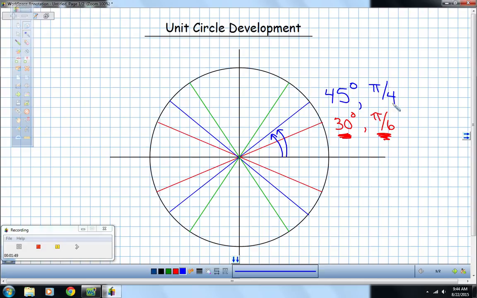Busting out my green now, we know that a 60 degree angle converts to a pi over 3 radian measure angle. And I would contend that if we know these three conversions, that is really the only thing that we need to memorize.